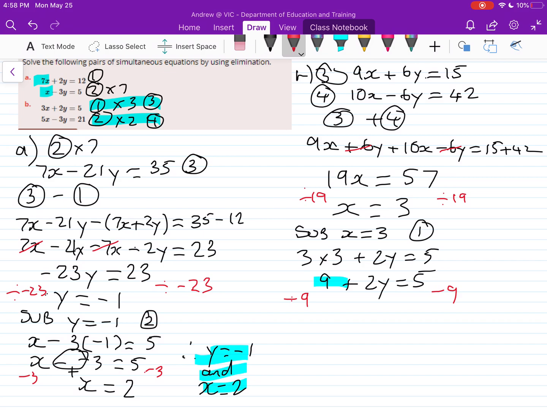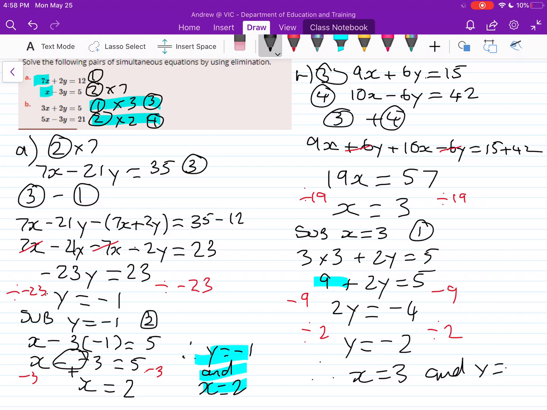Sorry, that looks like a divide sign, that's supposed to be a minus. So 2y is equal to negative 4. Then we need to divide by 2, so y is going to equal negative 2. Therefore, x is equal to 3 and y is equal to negative 2. And that's how you do that.